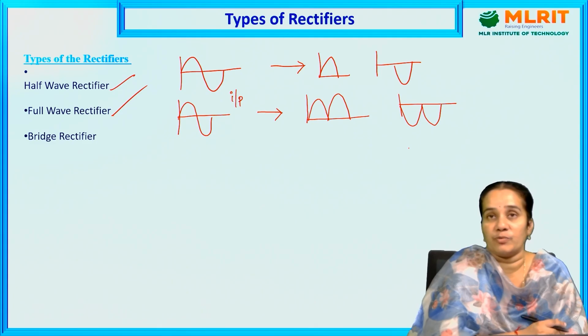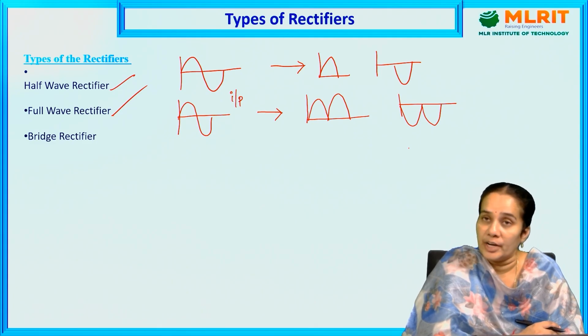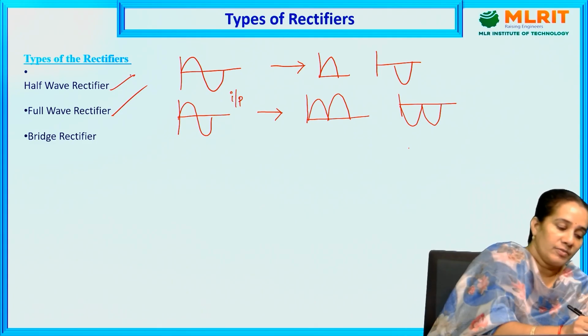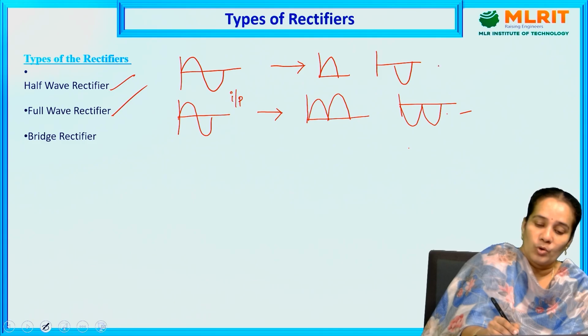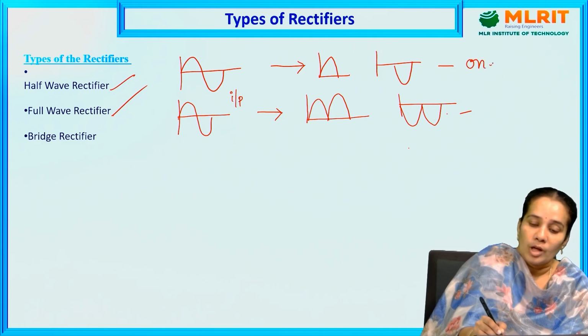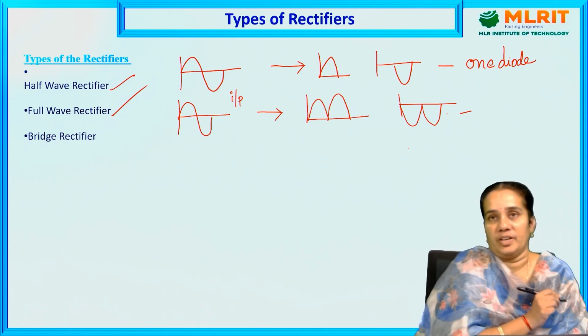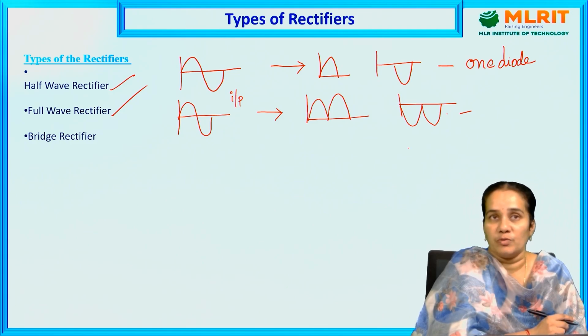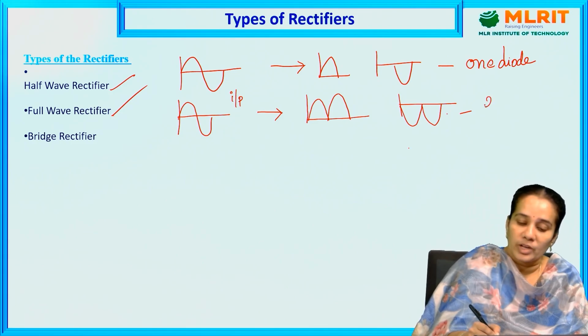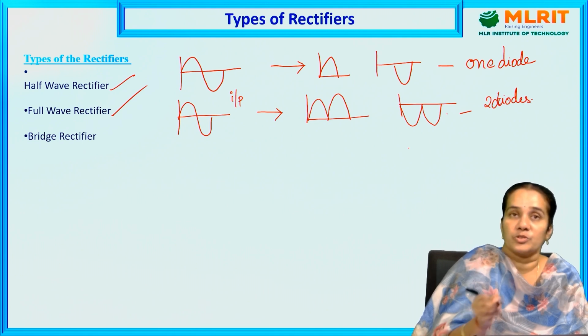Whereas in the half-wave rectifier we use only one diode, in the full-wave rectifier we are using two diodes.